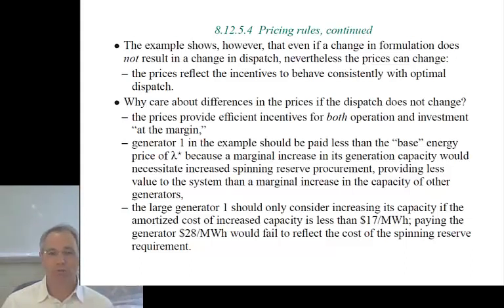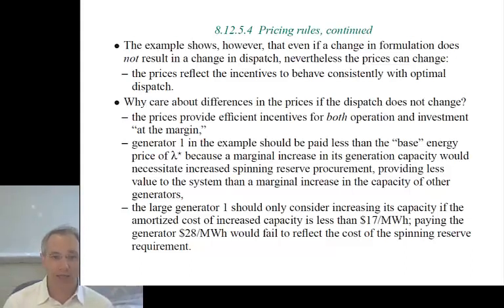Generator 1, which is providing the most power in the system and is therefore driving the amount of spinning reserve that must be procured, should be paid less in principle than the base energy price, because a marginal increase in its generation capacity would necessitate increased spinning reserve.